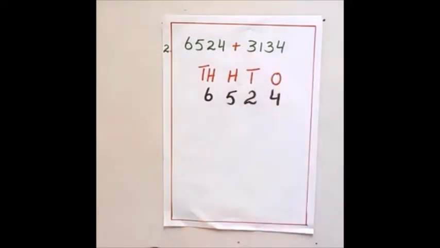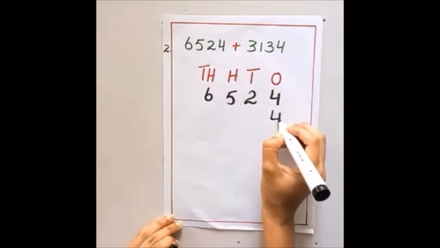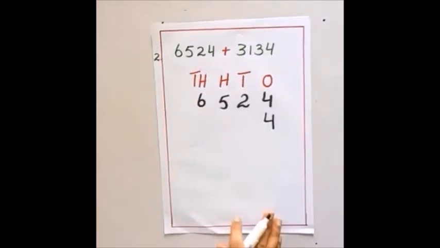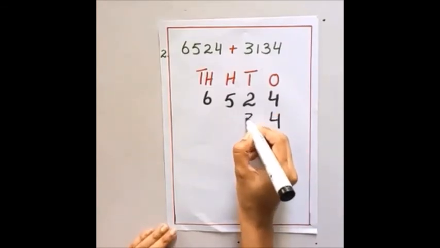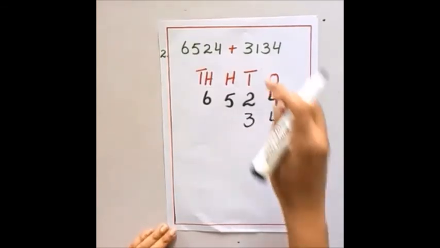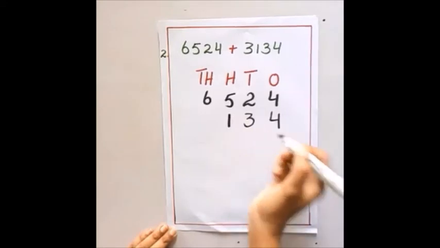In this number I have 4 in the ones place, so I will write 4 under the ones place. Then 3 is in the tens place, so I will write 3 under the tens place. Then 1 I will write under the 100 place.